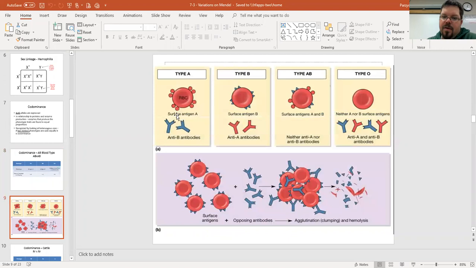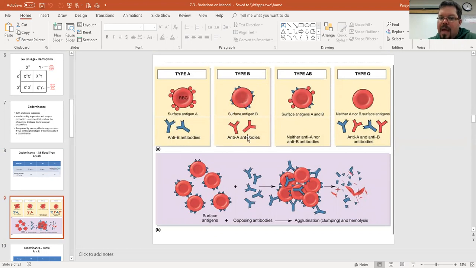This is just a graphic to give you an idea of what I mean. For type A, the surface antigen is the circle shape. They produce antibodies that will attack and prevent any type B. For type B individuals, the surface antigen is an identifying tag on the surface of the red blood cell, represented with these little blue triangles.